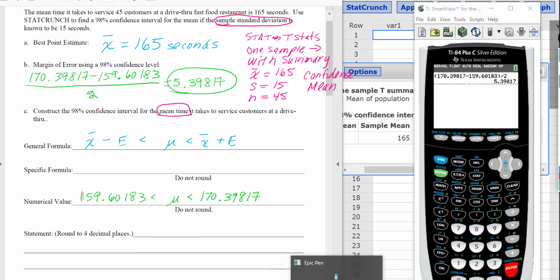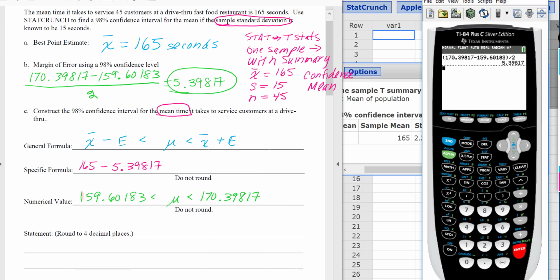If we were to complete our formula here, the X bar, remember, is 165 seconds, and we would subtract that margin of error, 5.39817. Just to prove it to you on our calculator, we take 165 minus 5.39817.